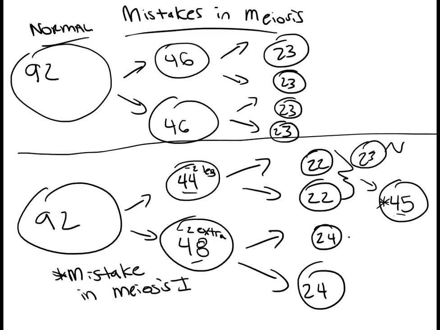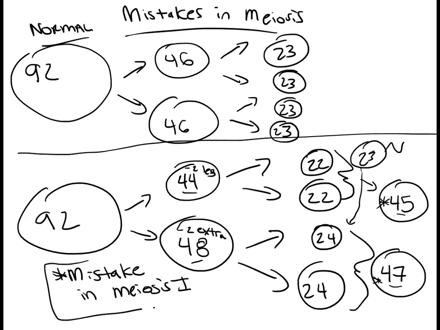On the other hand, if this sperm mated with one of these 2 eggs, then the zygote would have 47 chromosomes. 23 plus 24 is 47. So this one would have an extra chromosome. Instead of the normal 46, it would have 47 chromosomes, an extra one. So these are possible scenarios of what could happen if there's a mistake in meiosis 1, in the first division.